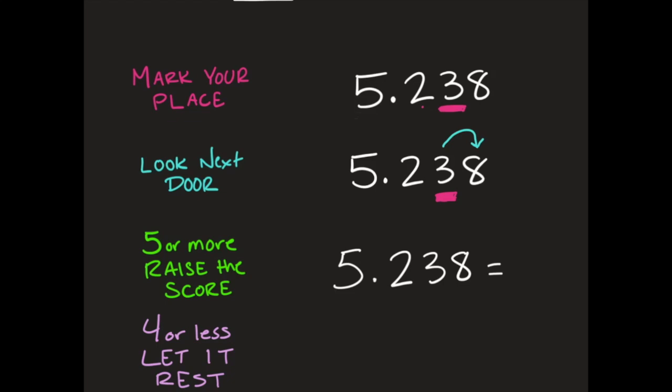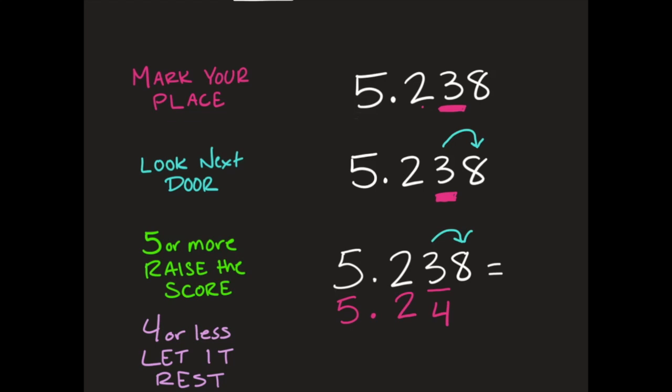So when I'm looking at this, I have my 3, I look to the number next door, it's an 8. It's higher than a 5, so 5 or more, raise the score. That means I'm going to take that 3 and bump it up to a 4. Now when I rewrite my number, the only number that's changing is the underlined number.